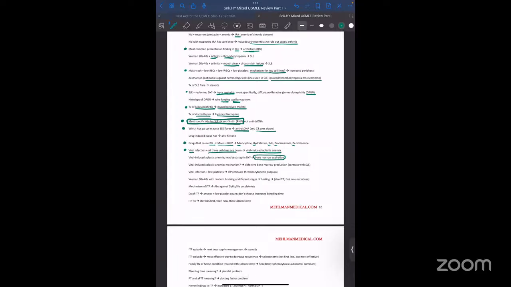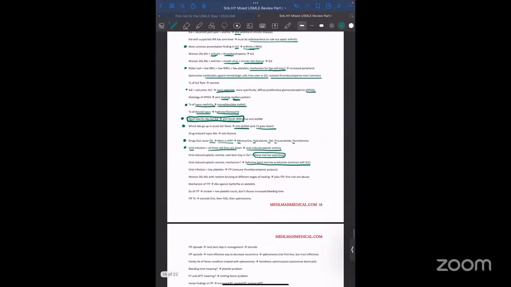Viral induced aplastic anemia mechanism is defective bone marrow production. Contrast with SLE, where there was increased peripheral destruction because these antibodies go and destroy the cell lines.